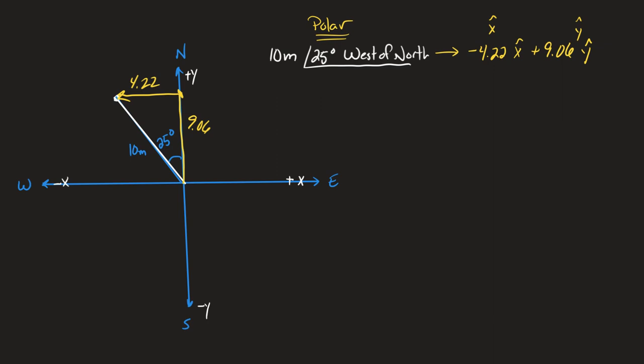So what if I told you you're going to walk another 5 meters, 30 degrees south of west? 5 meters, 30 degrees south of west. And what if I want you to figure out where you are now compared to where you started?